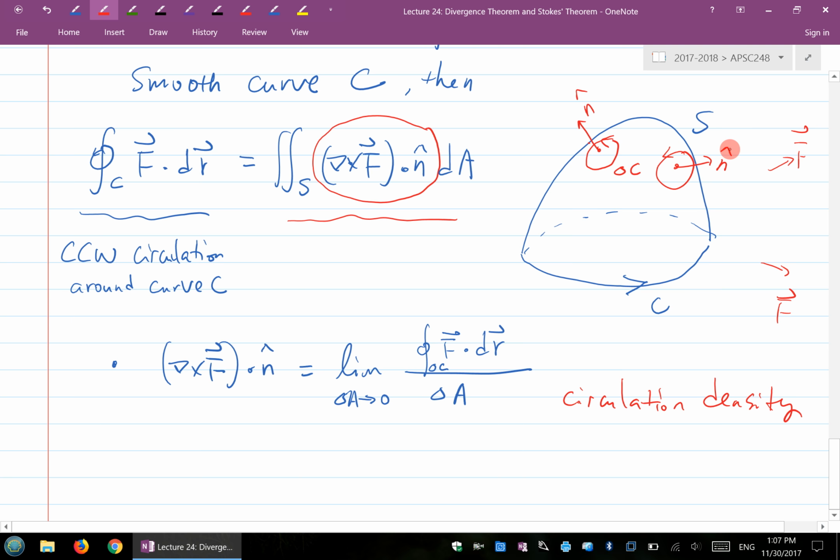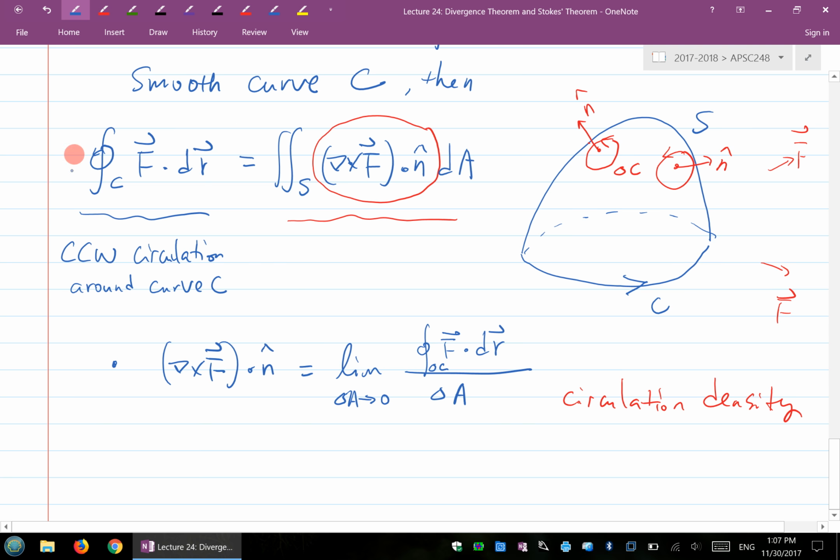So this surface integral says you integrate all of the circulation density over this given surface S. And what does it equal to?